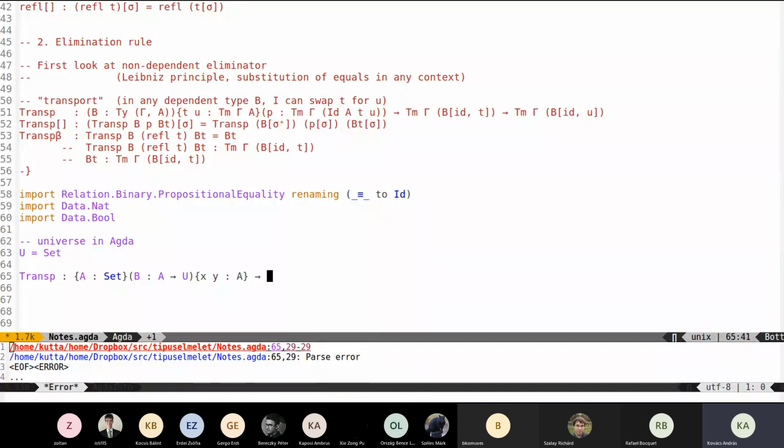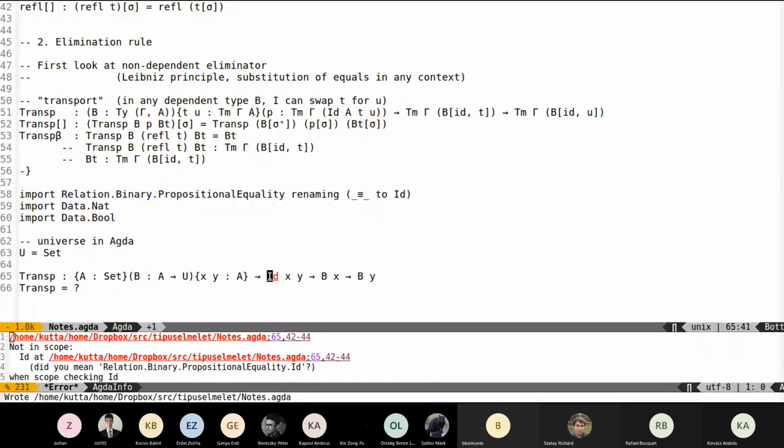So if we have these terms, and if we have a proof that ID of X and Y, and we have a B of X, then we can have a B of Y. And I also have to open everything.